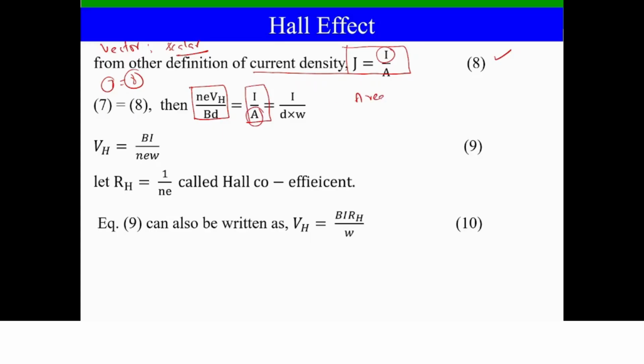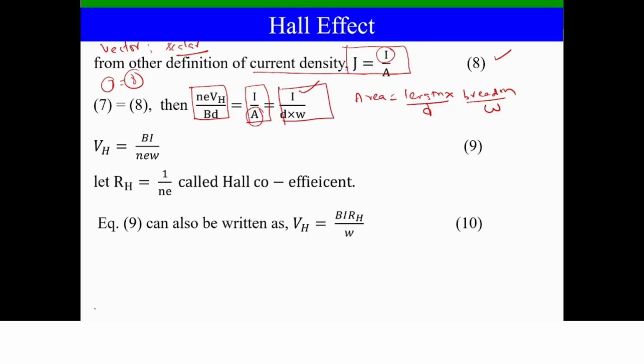We know from the lower classes that area is equal to length into breadth. In this expression, length can be taken as d, and breadth as w. Therefore, NeVH by b into d is equal to I divided by d into w.